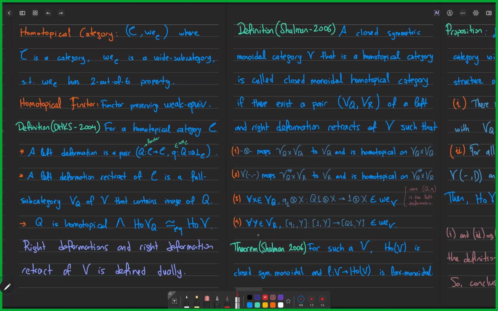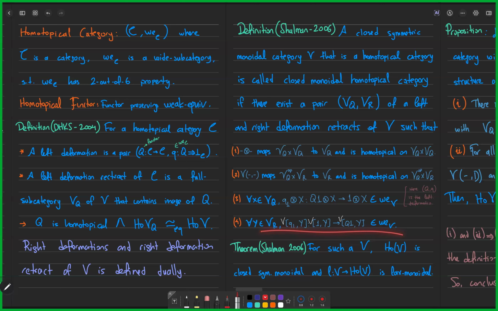And for any y in V sub r, this is the internal hom here, the VQ1y map is a weak equivalence.